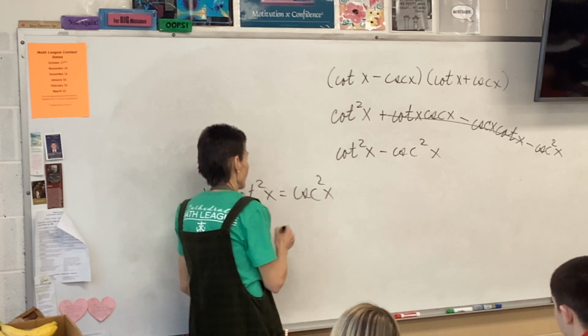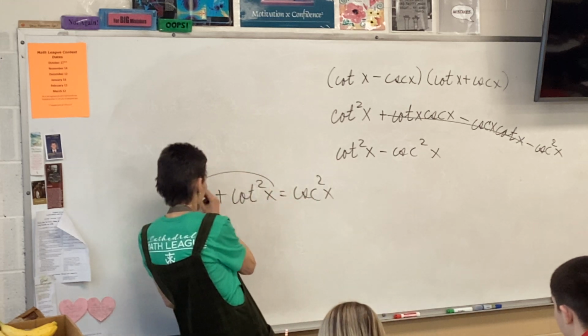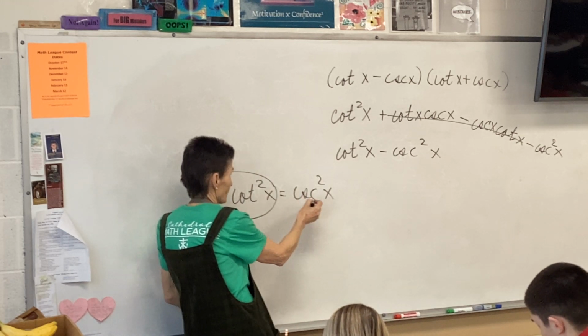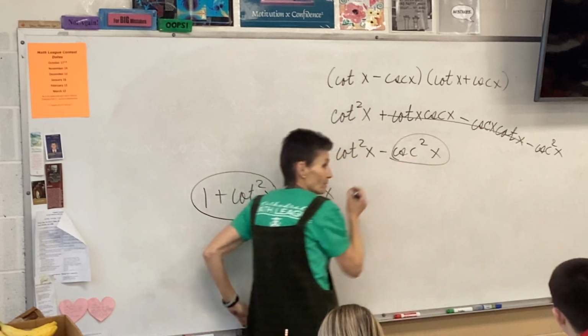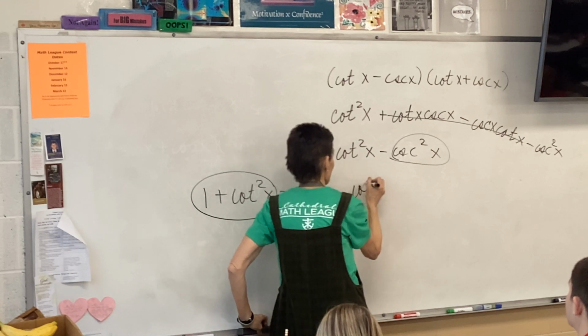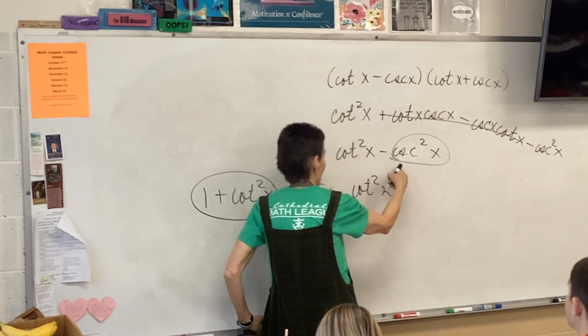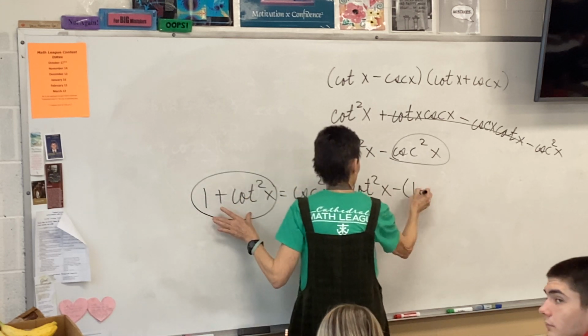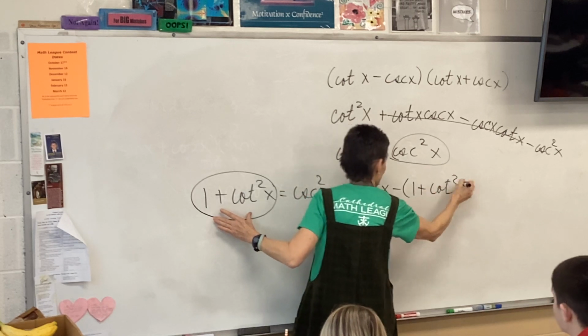So this right here is this right here. Would you agree with that? So cotangent squared minus 1 plus cotangent squared.